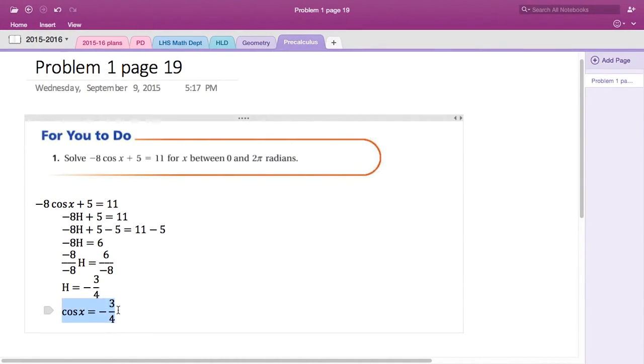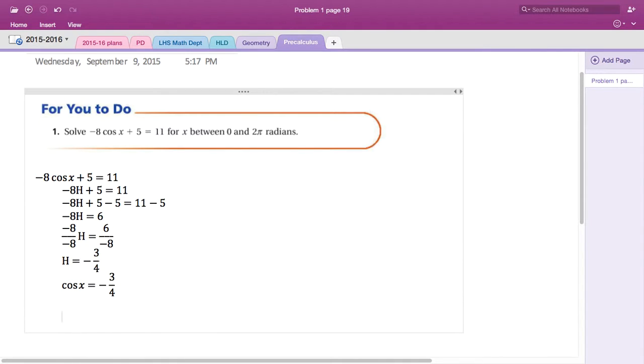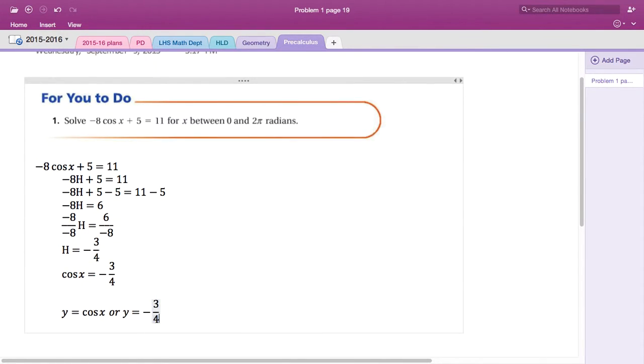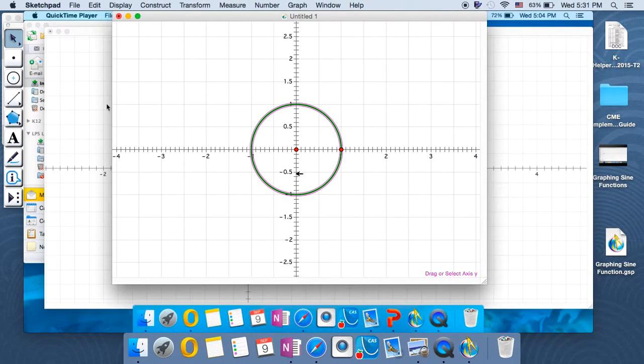In other words, we can actually graph this as y equals cosine x, or y equals negative 3/4. So y equals negative 3/4 in this graph, let me actually graph it.